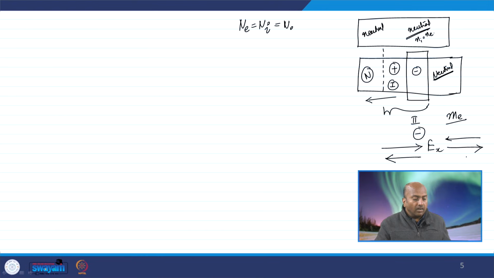This back and forth motion of electrons results in these oscillations. So the electric field will exert a force, for which we have already derived an expression. What type of force is it? It is a restoring force.